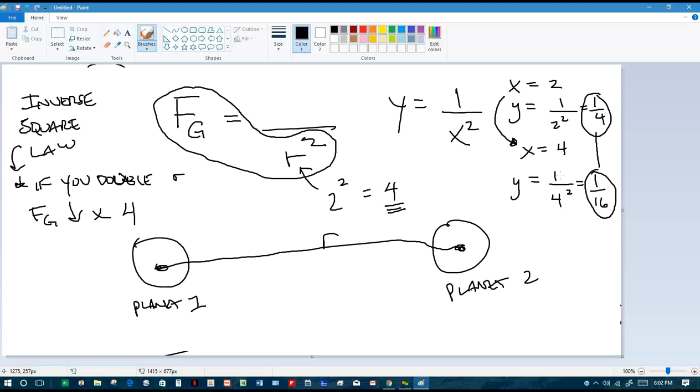Yep. And I think doing this is important because you're going to see Coulomb's law is exactly the same idea. And then if the planet got bigger, if the planet became more massive, a giant planet, what would happen to the force between the 2 planets?